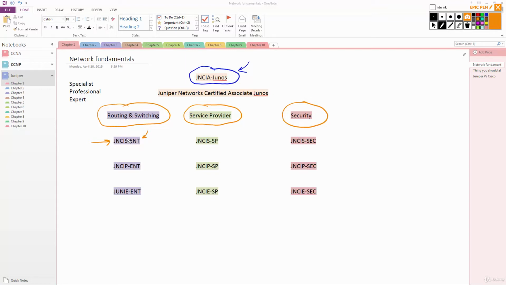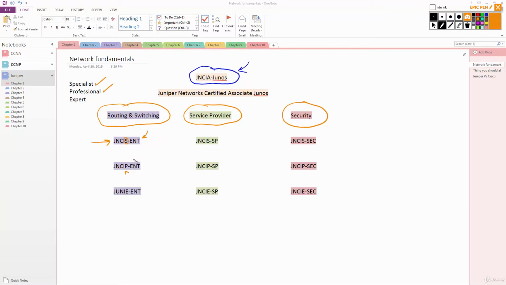Okay, and that's what the S stands for right here, specialist, which means you are a specialist in the enterprise environment. You're able to walk in, you have a certain amount of skill set, and you will be comfortable in an enterprise environment. The next level will be professional, hence the P sitting here.